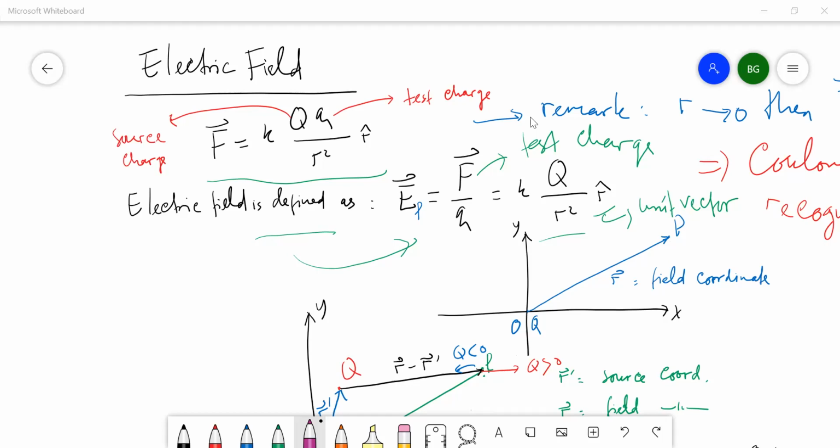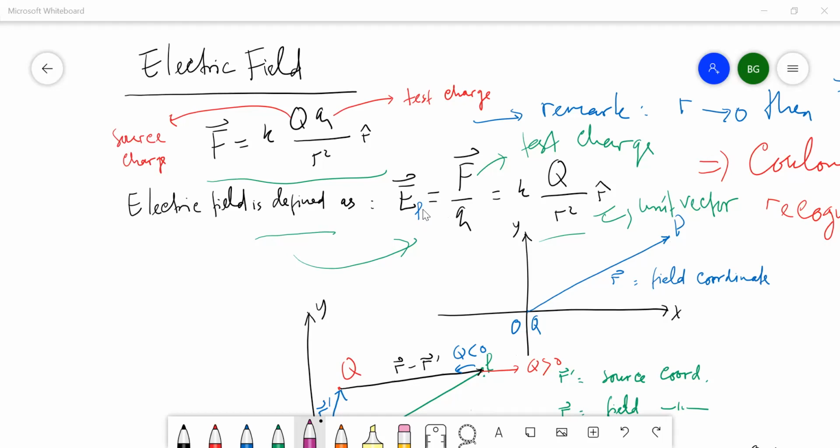Why do we call it the source charge? Because it can be viewed as the source of the electric field.